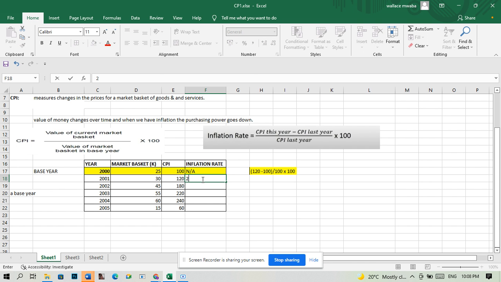So there's been a 20% increment in prices from 2000 to 2001. We go to the next one.